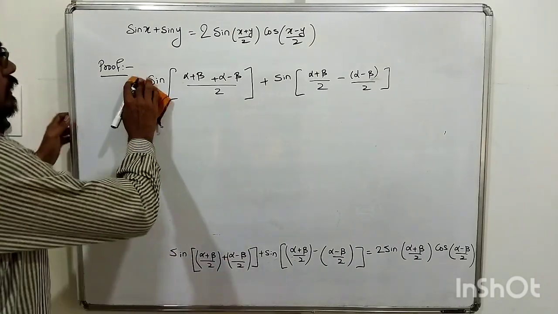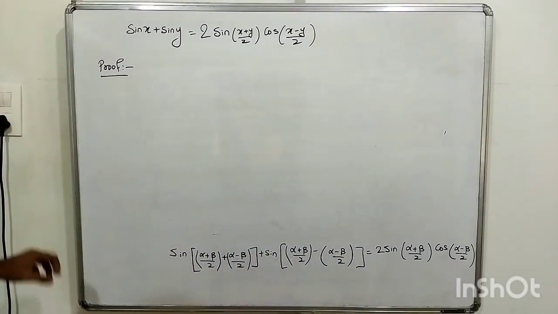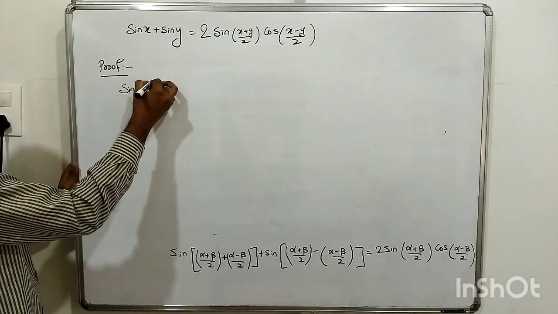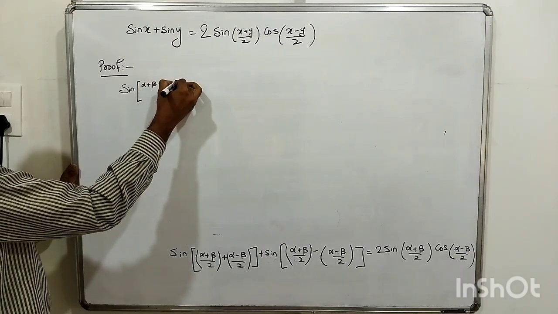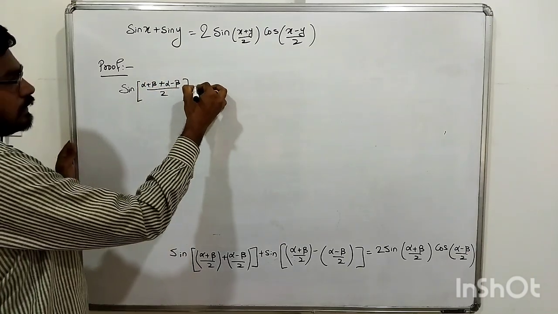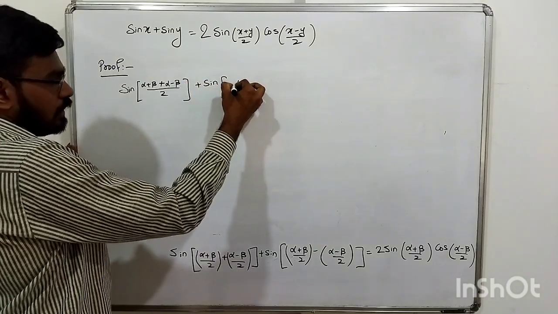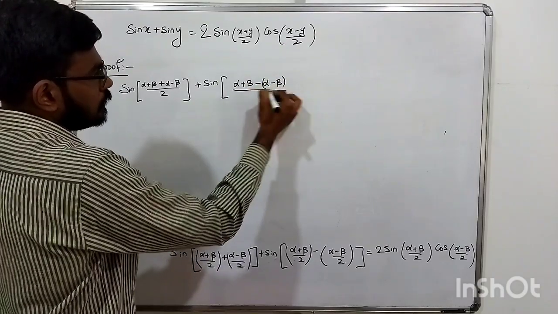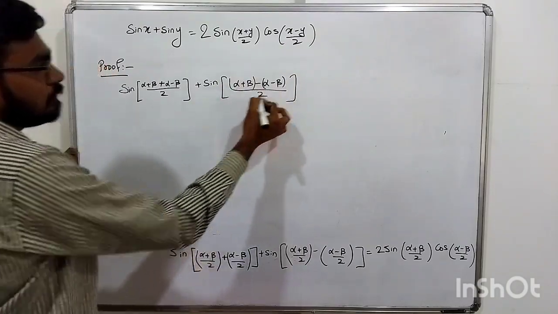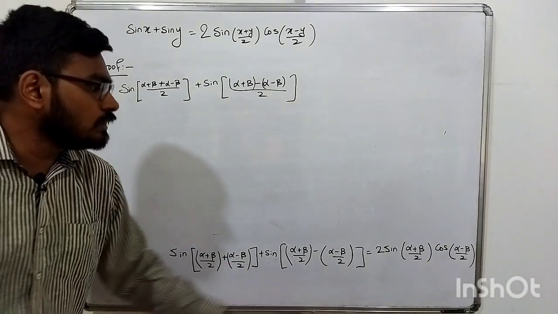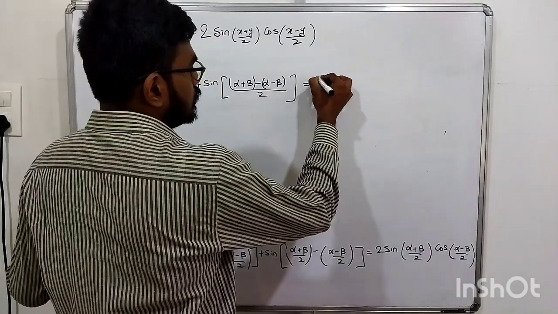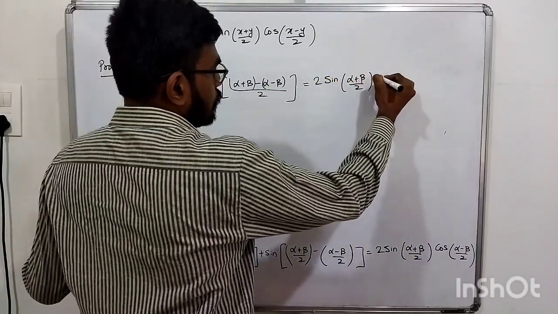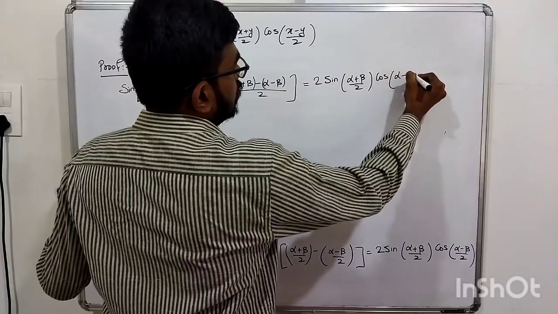Understood? I'll write it small here now because I want space for this. So sin of alpha plus beta plus alpha minus beta upon 2, plus sin of alpha plus beta minus alpha minus beta upon the common denominator, that is 2, is equal to, this will remain as it is, 2 sin alpha plus beta upon 2 cos alpha minus beta upon 2.